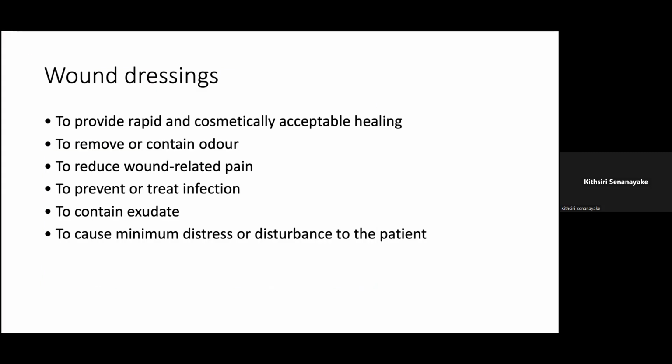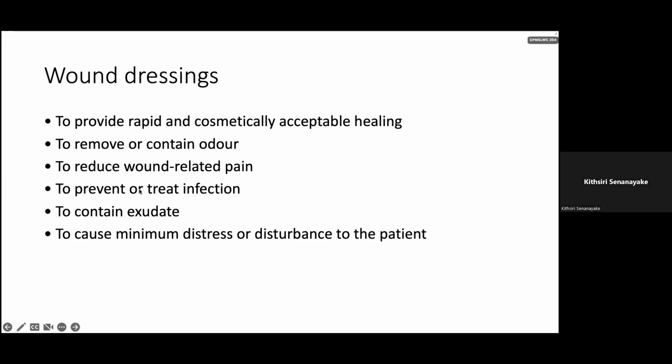So why do we put on dressings? We need to provide rapid and cosmetically acceptable healing, and also to remove and contain odor, reduce wound-related pain, and prevent or treat infection.